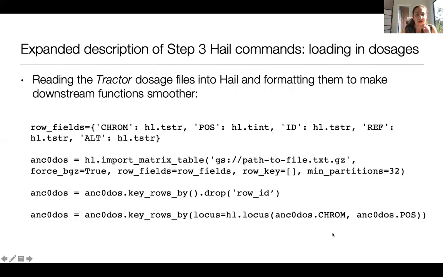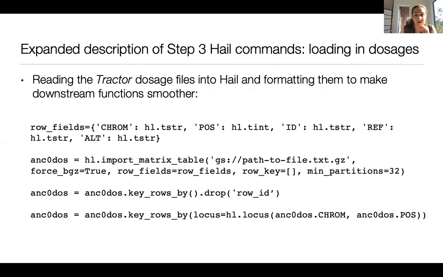So here is the specific suite of commands in Hail that will read in and format our Tractor dosage files just to make it a little nicer running things downstream. This is a little bit more involved in terms of loading files in than a standard VCF or matrix table. This is because we need to run GWAS on entries rather than rows.